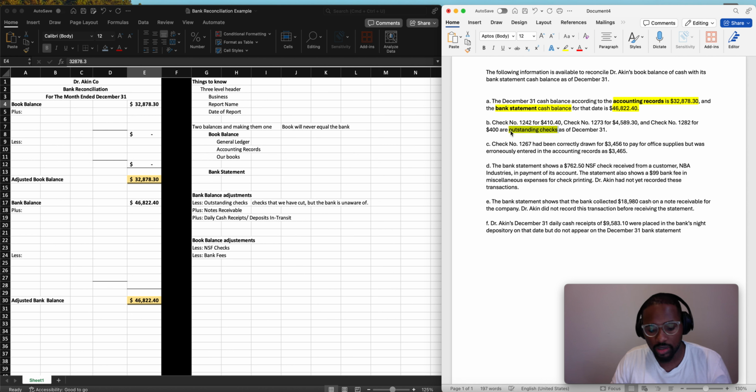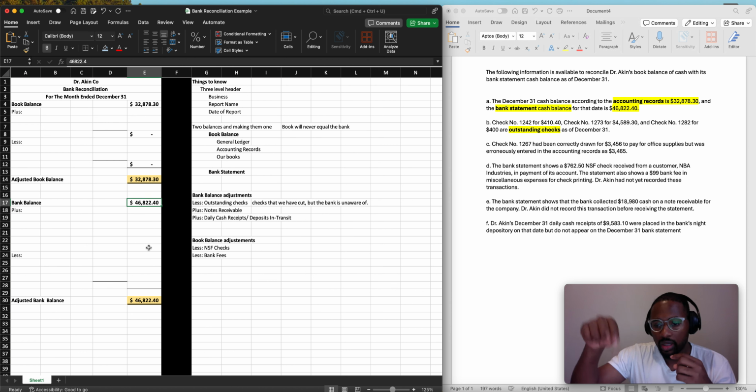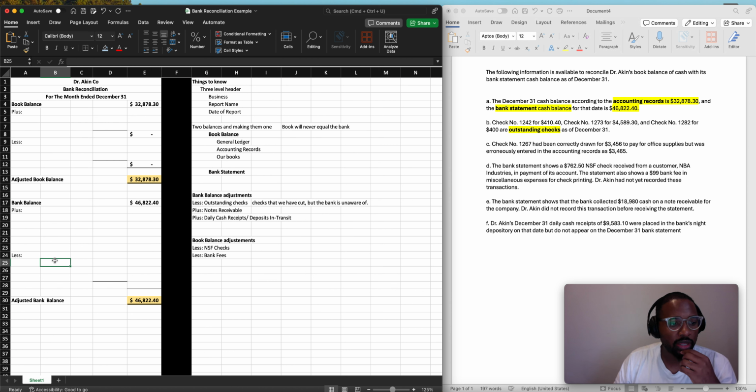So what we need to do is include all of these checks in the bank statement balance. But here's the thing. I want you to pay careful attention. Now that we know that it's coming out of the bank, the real question is, are we increasing this amount or are we decreasing? Well, they're checks. What are checks meant to do? They're meant to decrease. So we're going to come here and put all of the checks in there to decrease.